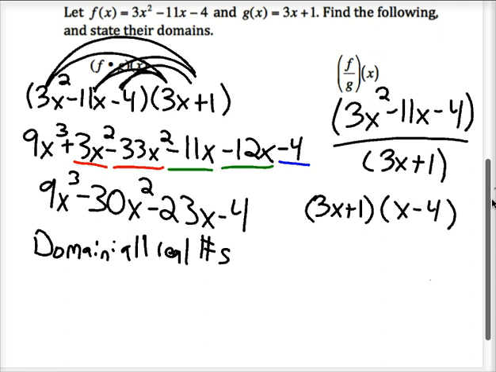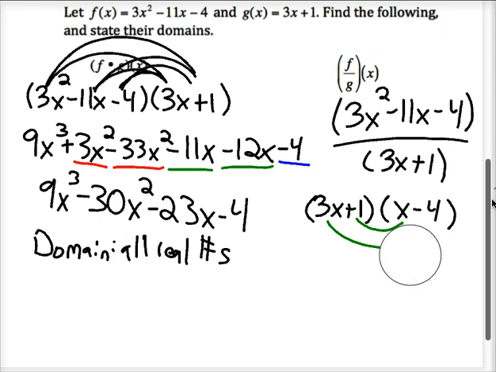Now, remember, if you're struggling in getting this, recall, I got the 3x and the x because that multiplies to 3x squared. I got the 1 and negative 4 because that multiplies to negative 4. And then if I'm checking my connections, here I get a 1x minus 12x, and that gives me that negative 11x in the middle.